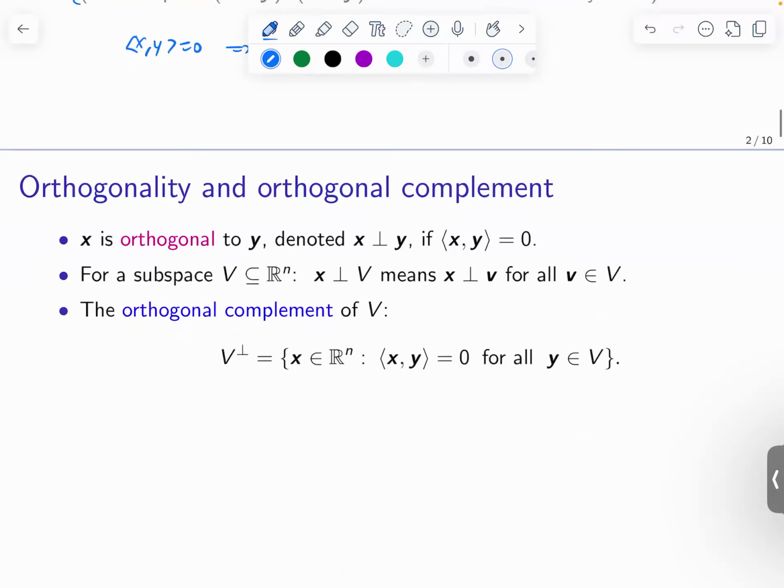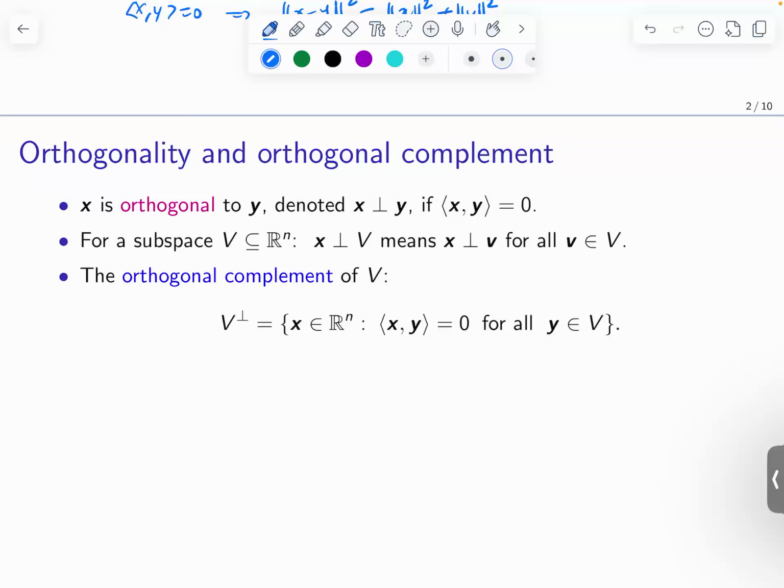The next thing is, once we have the notion of orthogonality of two vectors, I can extend the notion of orthogonality to a subspace. I didn't explicitly mention what a linear subspace is, but most of our subspaces are linear.